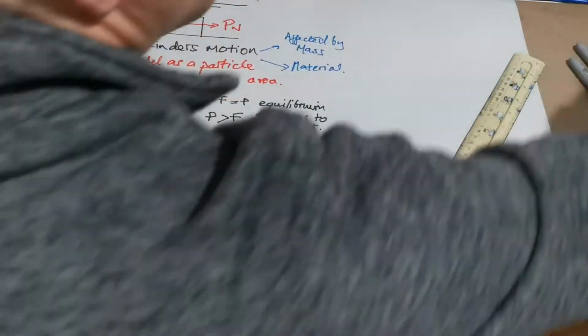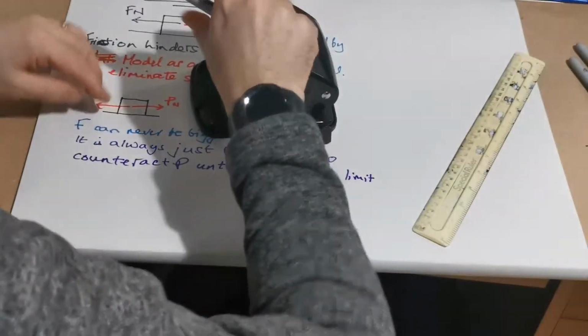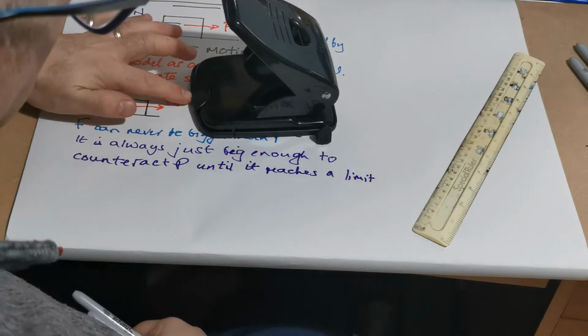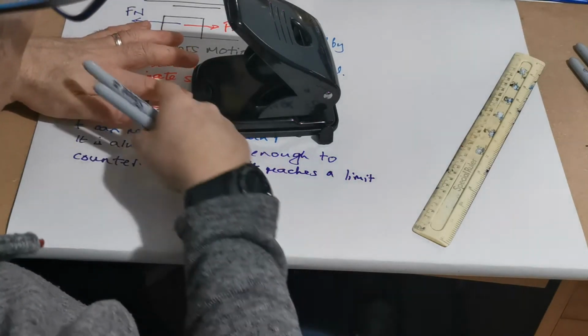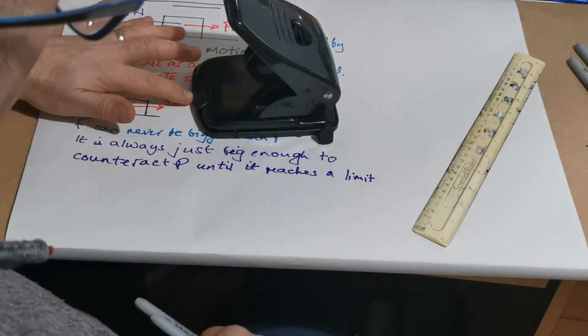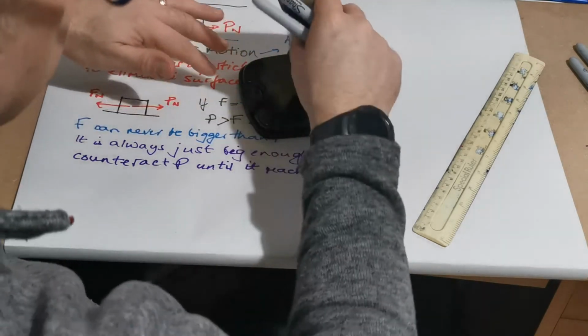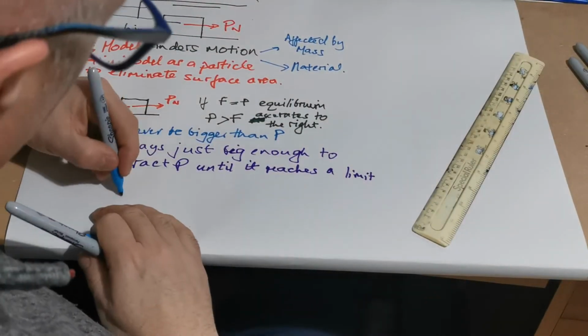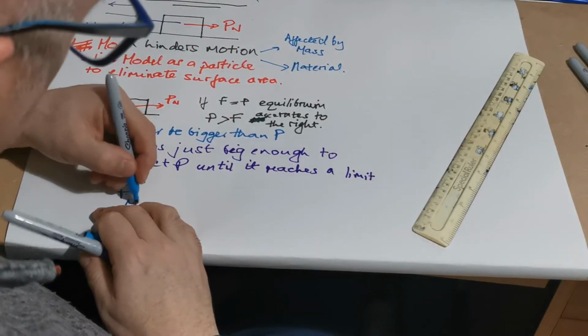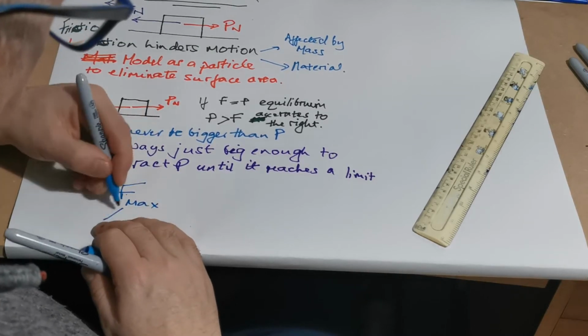And so you'll notice here, as I'm pressing, the friction is the same as what I'm pressing with, until a point when I press past that maximum friction. So F max is what we call the limiting friction.